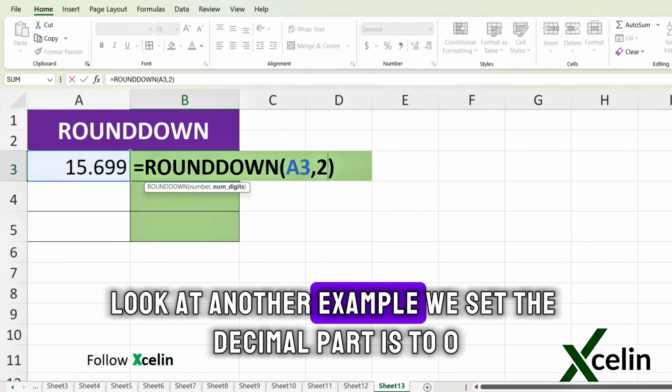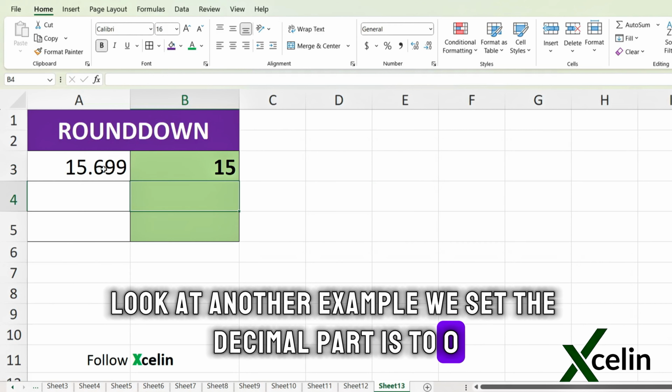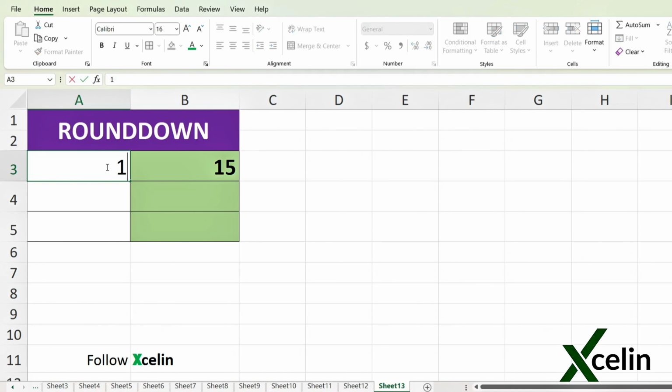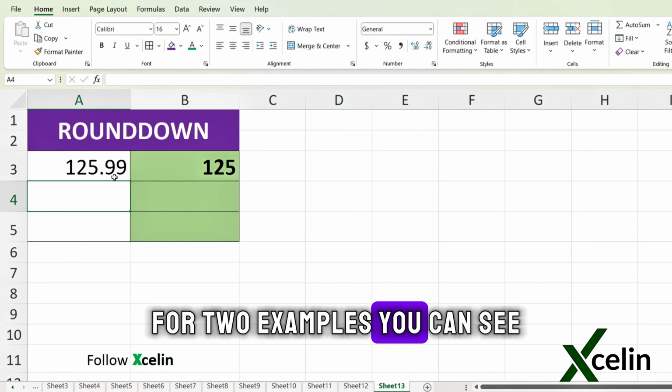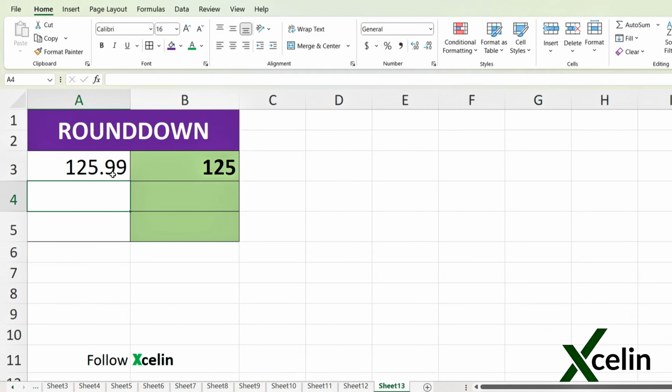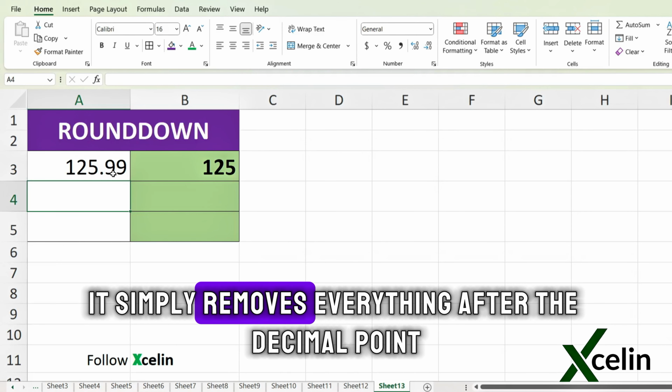Look at another example. We set the decimal part to 0. See what happened. For these two examples, you can see that the part after the decimal is rejected. It simply removes everything after the decimal point.